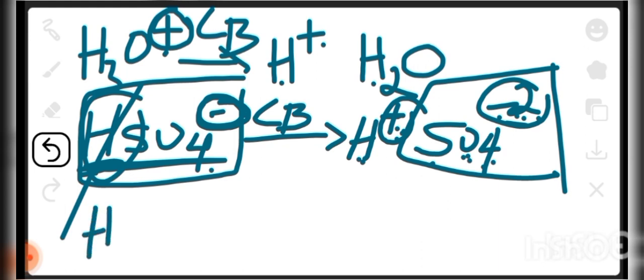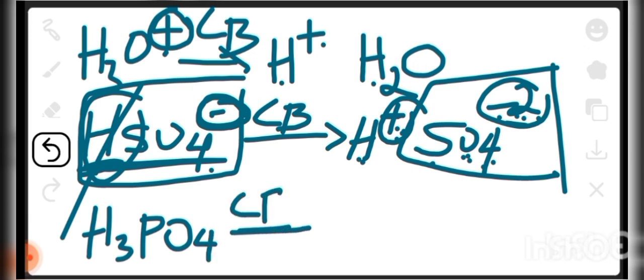The conjugate base of H3PO4. What will be the conjugate base of this? Conjugate base means we should remove one hydrogen. If we remove one hydrogen now, which is H plus, remember there's nothing here. So what are we going to do to the other side? How many hydrogen will be left here? 2.